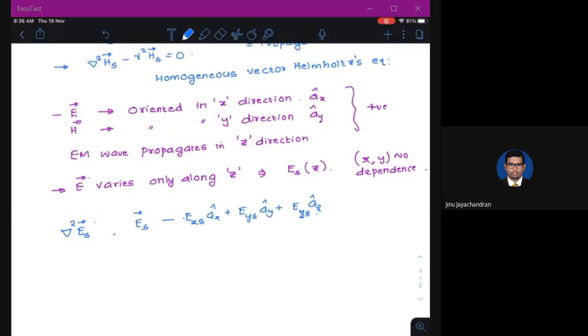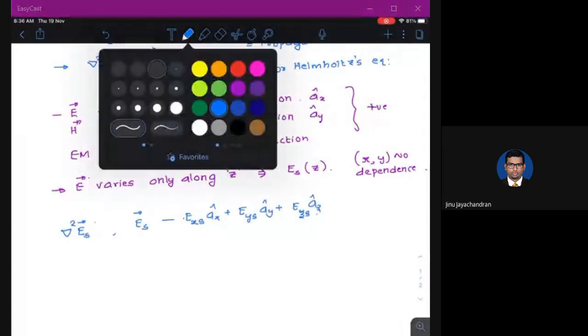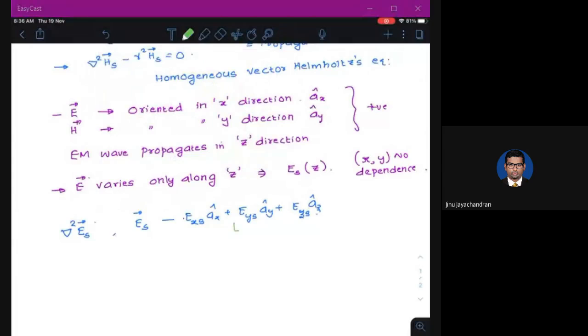Now we say that E is oriented in X direction, which means the other terms will be zero because it is oriented only in X direction. And E is varying in Z, which means Exs will be a function of Z.